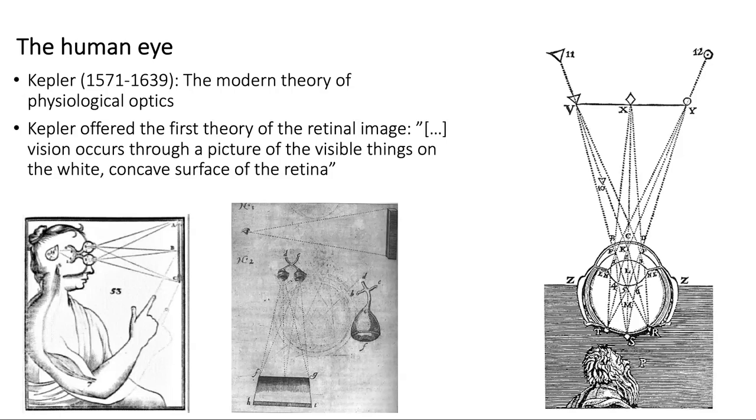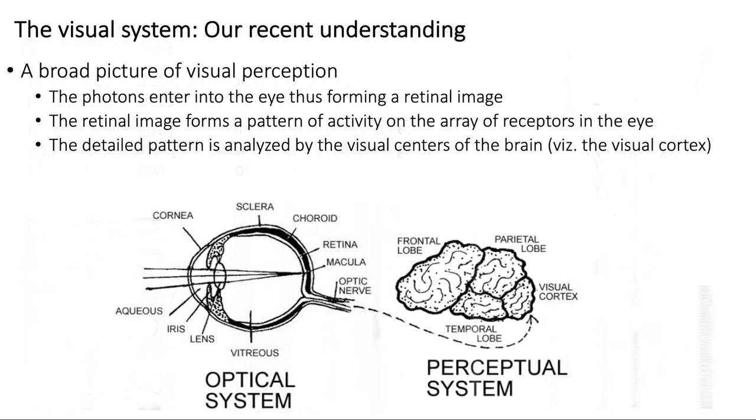So this emphasis on the retina is quite sensible, because now we also think of the visual system in terms of three major components. One of them is the photons, light, and the other is the retinal image. Retinal image is the image at the back part of your eye. Here on the figure you see a cross-section of the eye, and the retina is this back part.